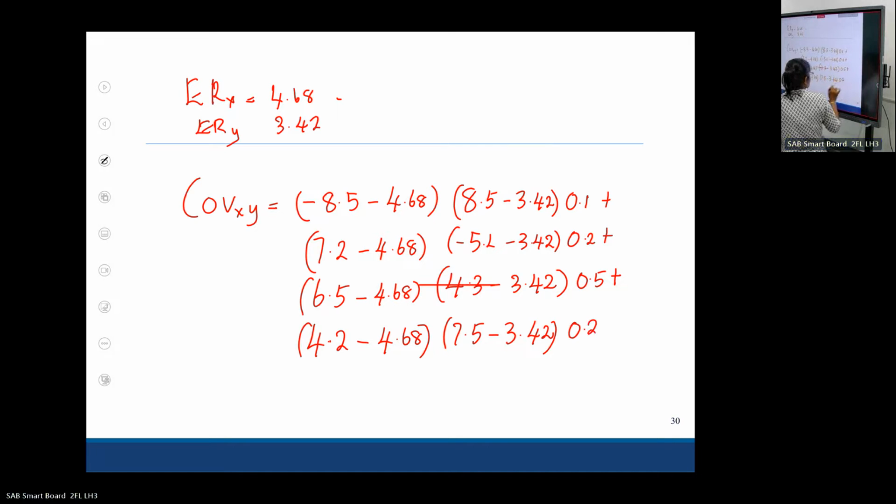Okay, to get the total here, this is the covariance between the two stocks.